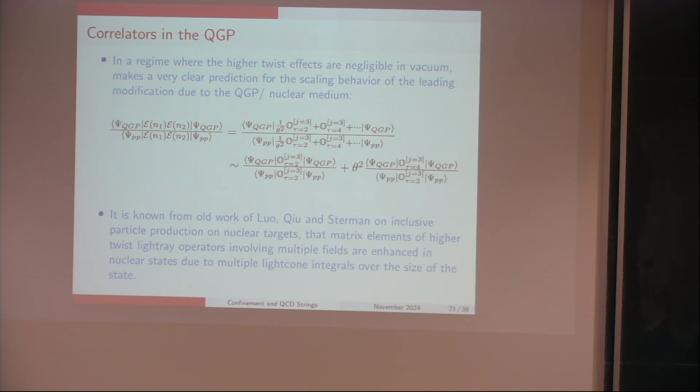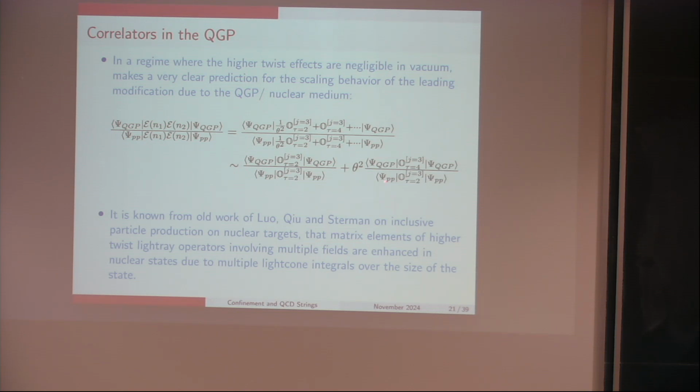It's actually known from very old work of these people here, and they had nice arguments for why these matrix elements of higher twist objects are enhanced in general in nuclear states. This is because once you have multiple integrals of fields over the size of a nucleus, it essentially enhances it by the size of that particular object.